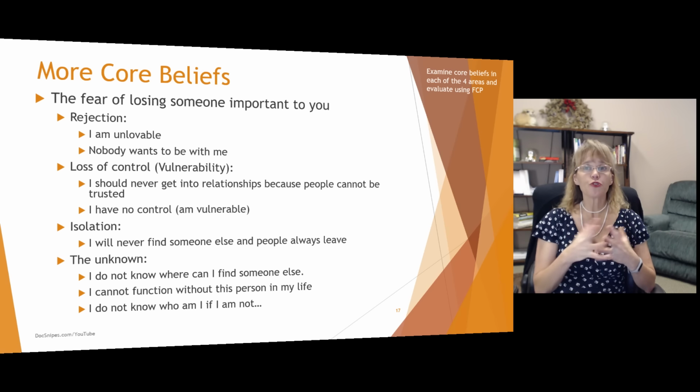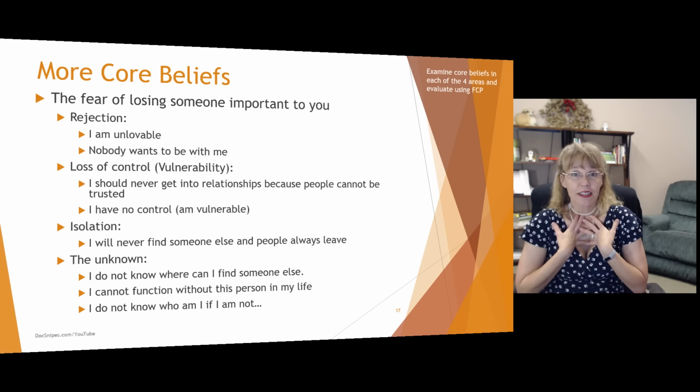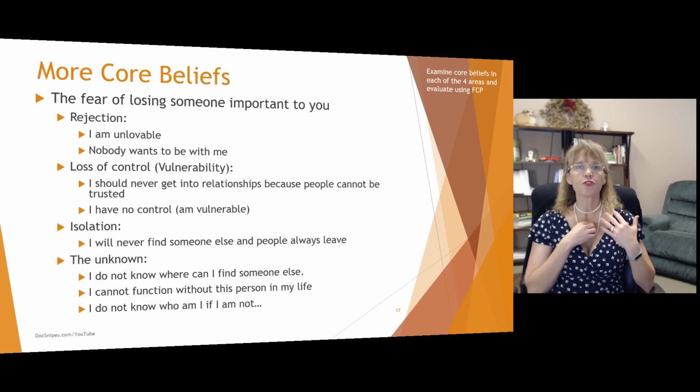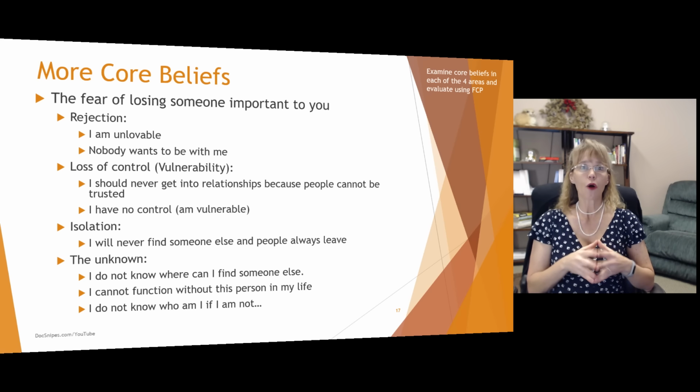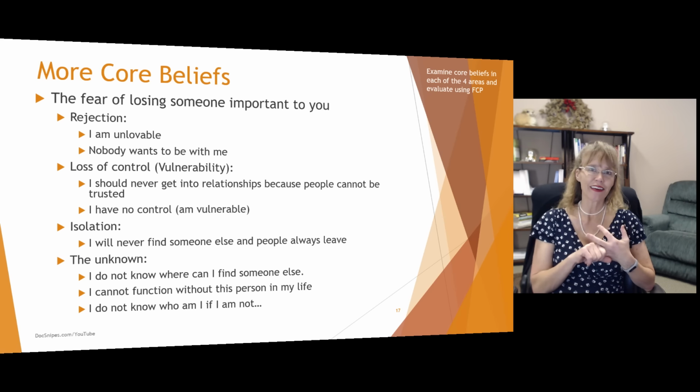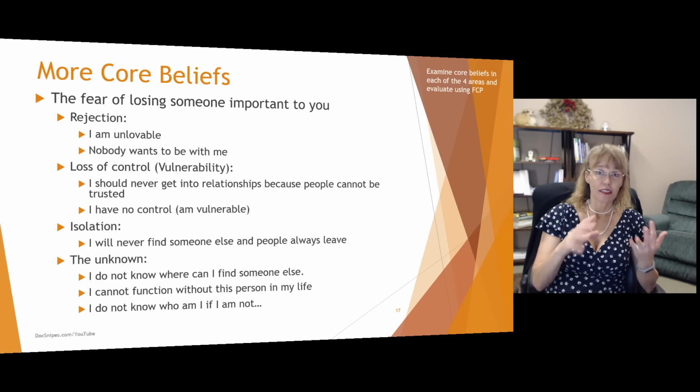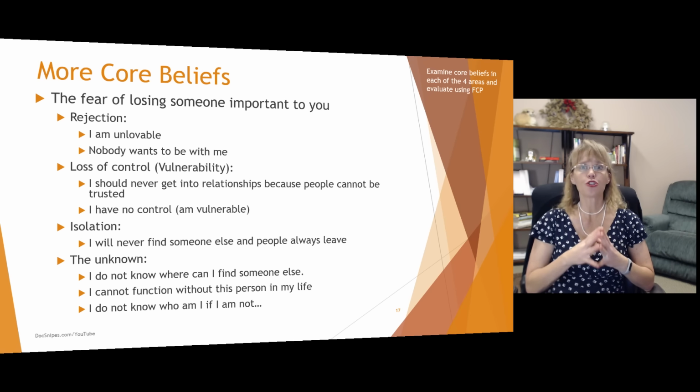I may fear losing somebody that's important to me because I'm afraid of losing control. I'm afraid of vulnerability. So I may have thoughts like I should never get into relationships because people can't be trusted, or I have no control over whether they stay or leave, and it's too scary to be vulnerable.